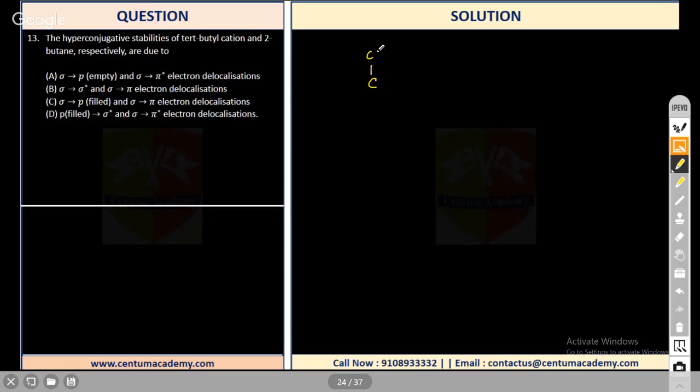Tertiary butyl cation means CH3, CH3 and CH3. This is tertiary butyl cation, so positive charge we have here. Now this positive charge means what? We have a vacant p orbital here, empty p orbital, which usually forms a sigma bond, but since it is empty now, we can say sigma p empty. And there is only one option, empty sigma p.